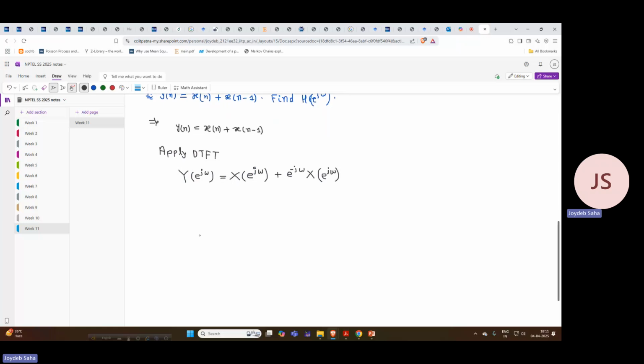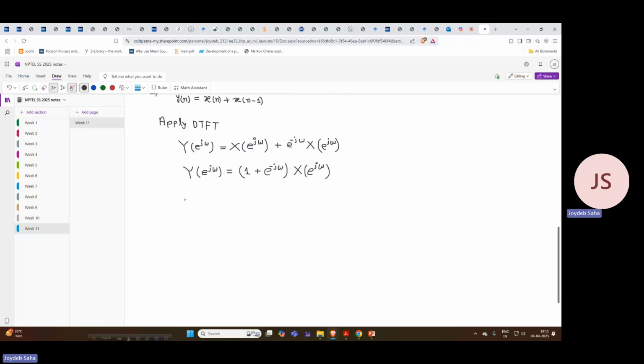Now we can write it as Y of e to the power j omega is equal to 1 plus e to the power minus j omega multiplied with X of e to the power j omega. Fine.